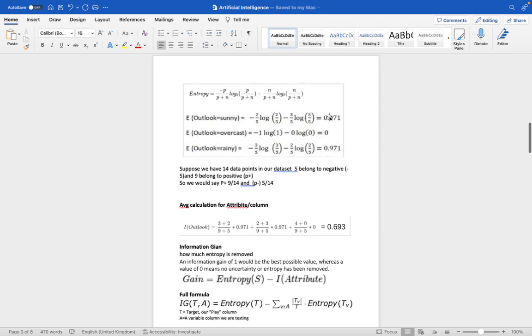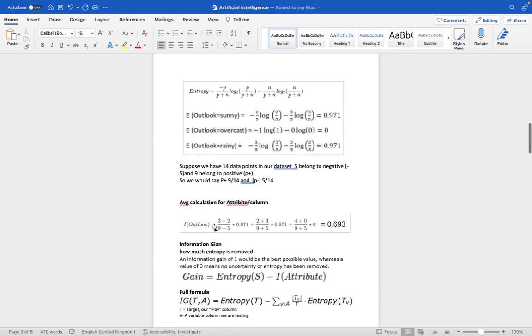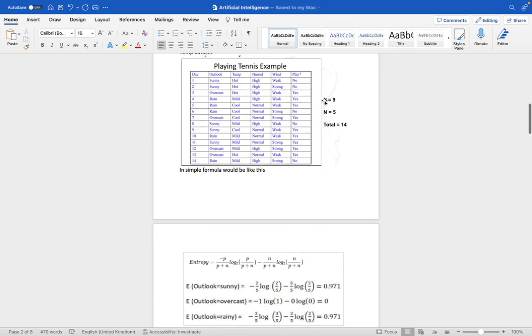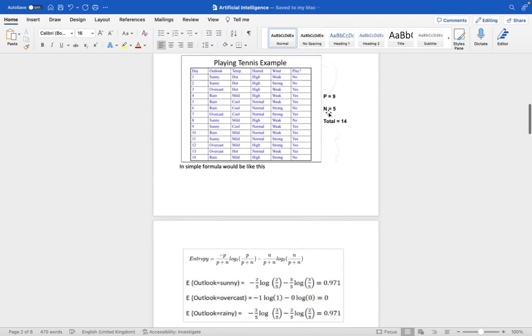When all this comes together, here is the value of the outlook for the total. 3 plus 2, that is in the case of sunny, 3 plus 2. Now the total value is 3 plus 2 divided by 9 plus 5, because how many total values do we have? We have 9 positive and 5 negative.